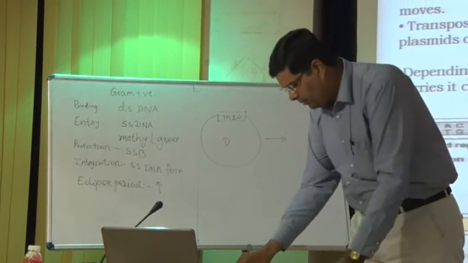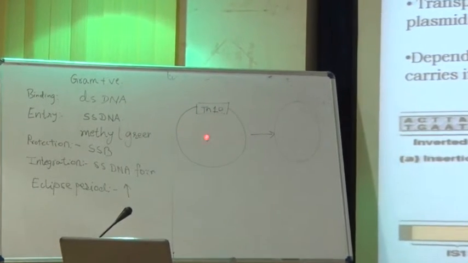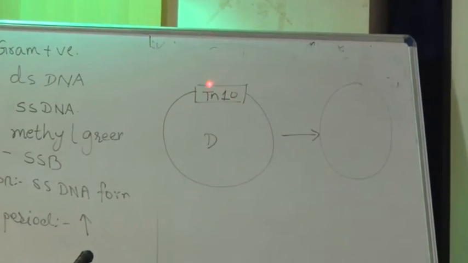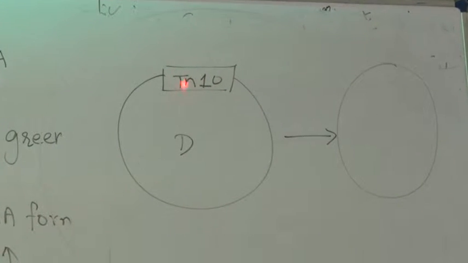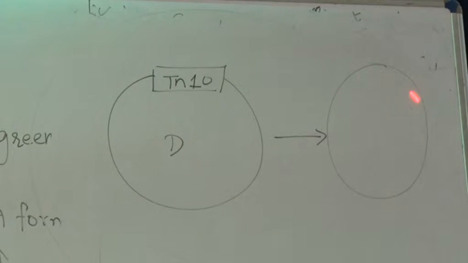During the transposition, this TN10 transposon will undergo replication and produce its extra copy. That extra copy will be transferred to the recipient DNA.